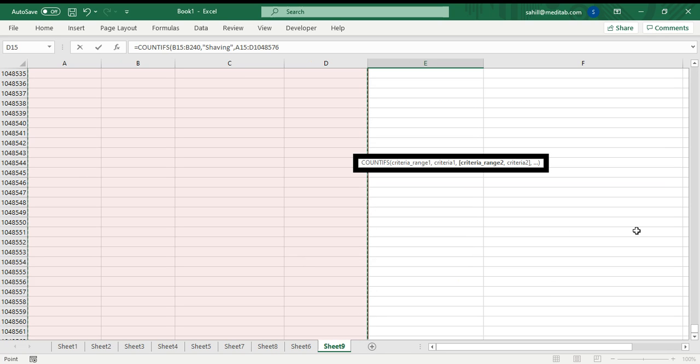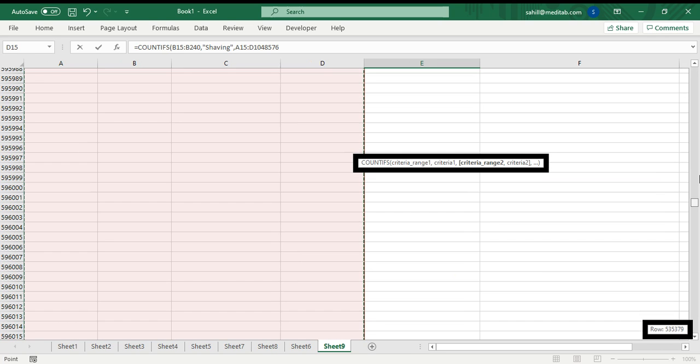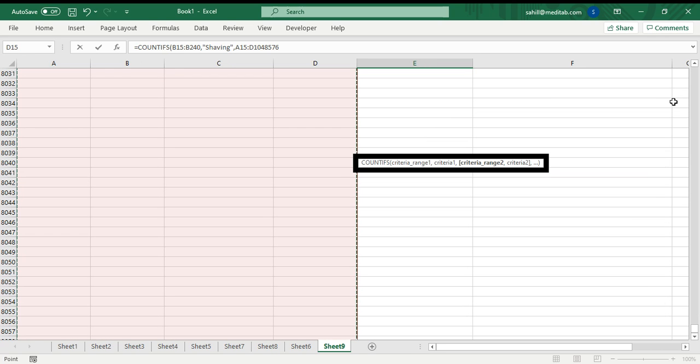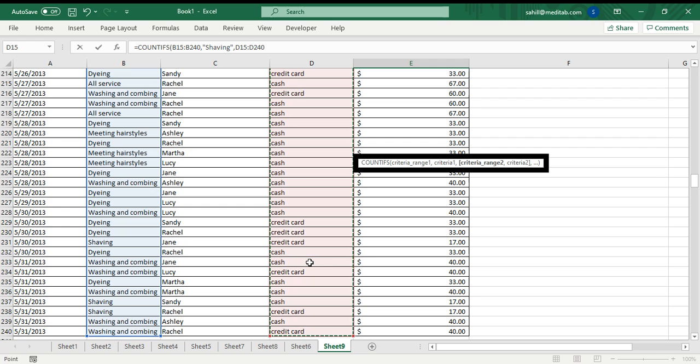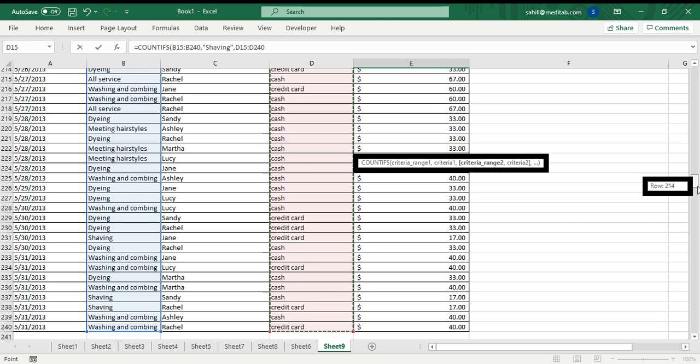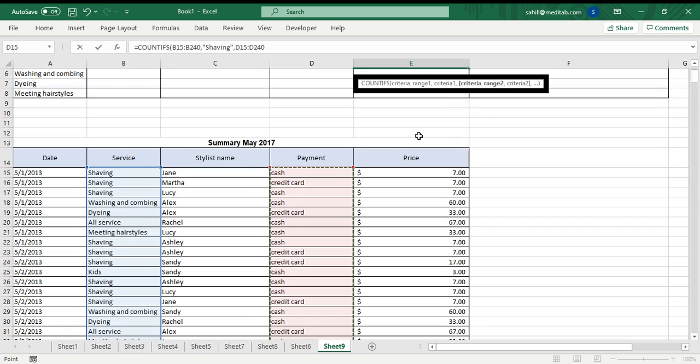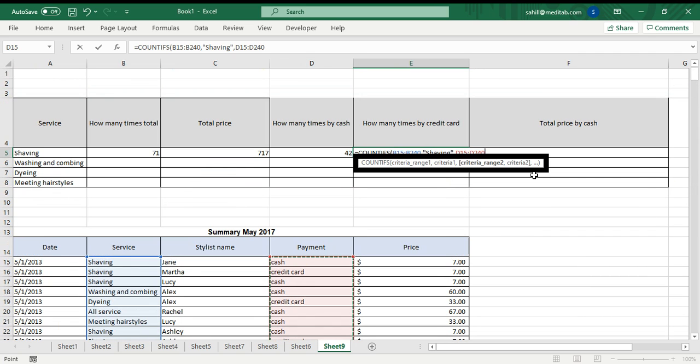Oh, sorry, I need to go up. I selected it wrongly. So I'm selecting the payment column. I'm going up. Okay, so what is the criteria? It should be credit. I'm closing it.